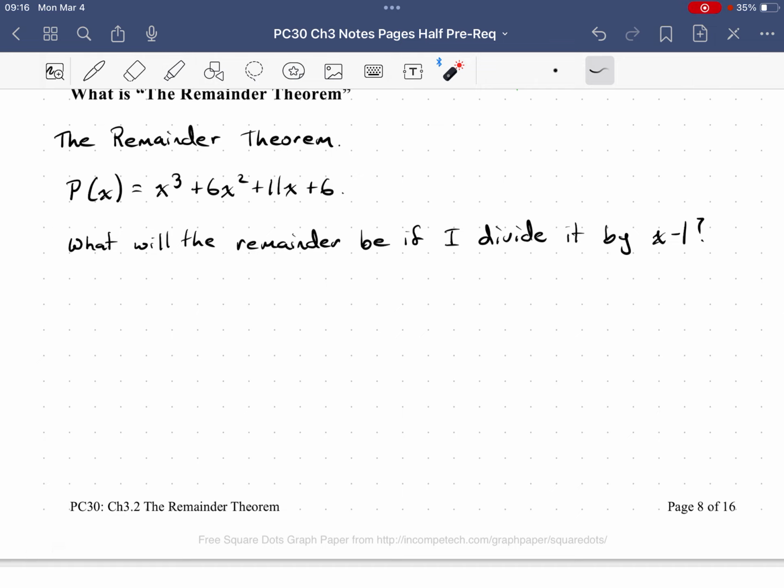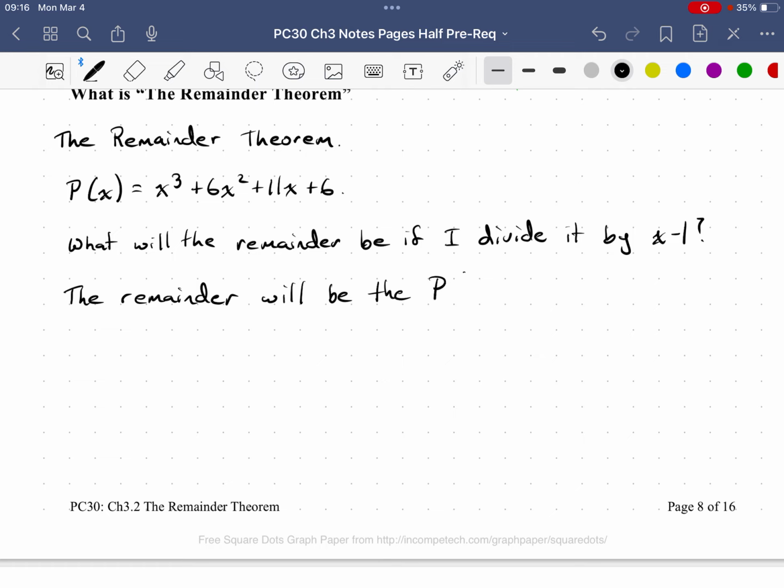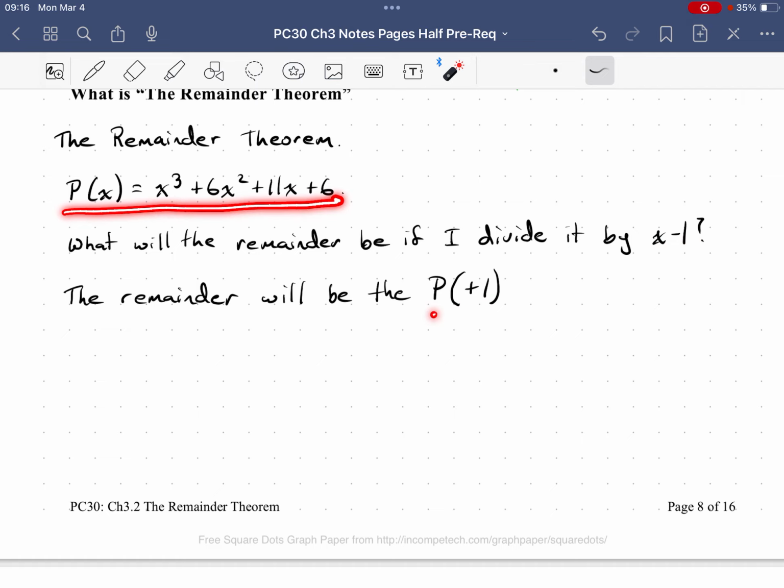How can we figure this out? Well, the remainder theorem states that the remainder will be the polynomial evaluated at the opposite sign. So I take this minus 1 and I change it to a plus 1, and I evaluate this polynomial at plus 1.